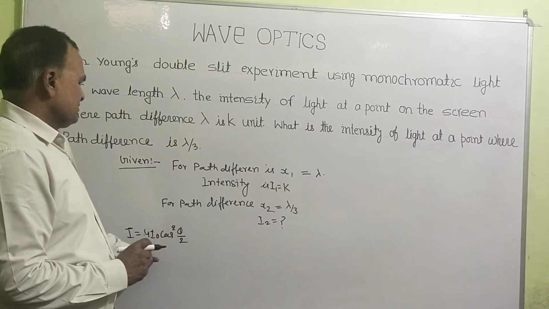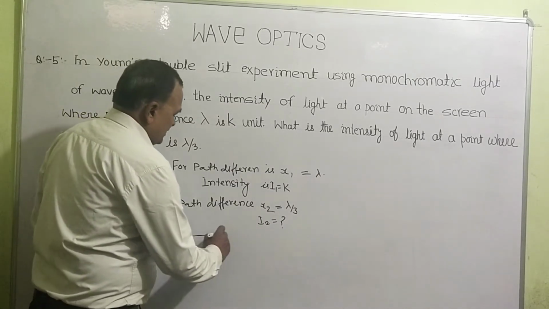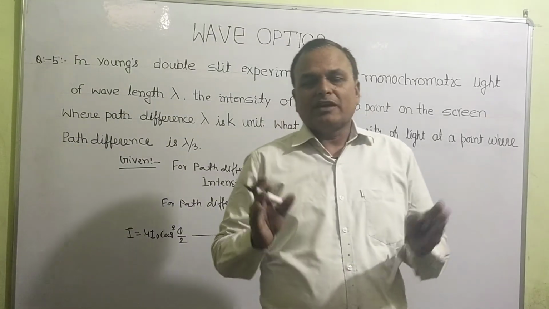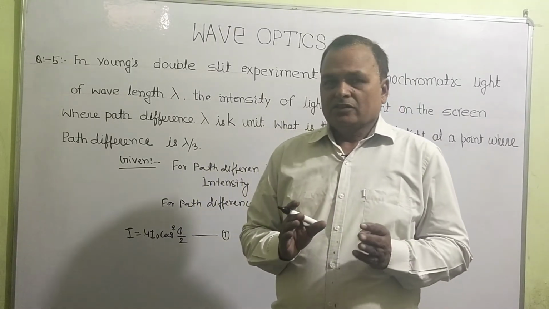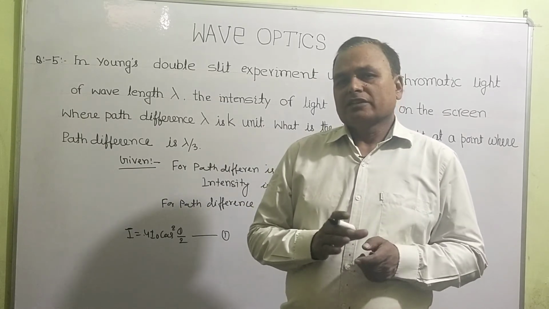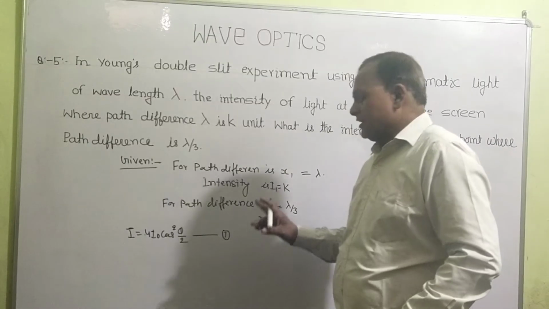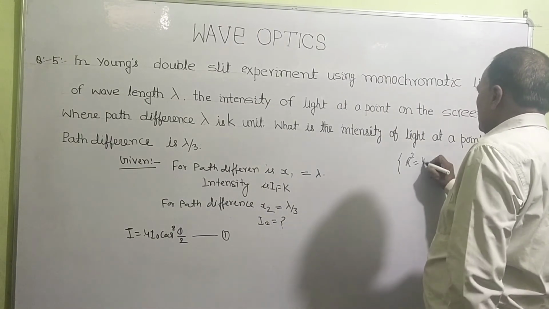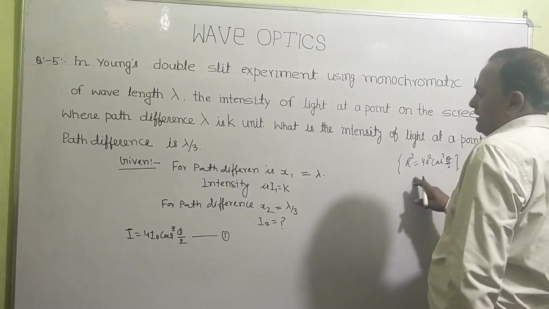According to the vector law, when amplitudes are the same and the angle between them is theta, the resultant is R square is equal to 4a square cos square theta by 2.